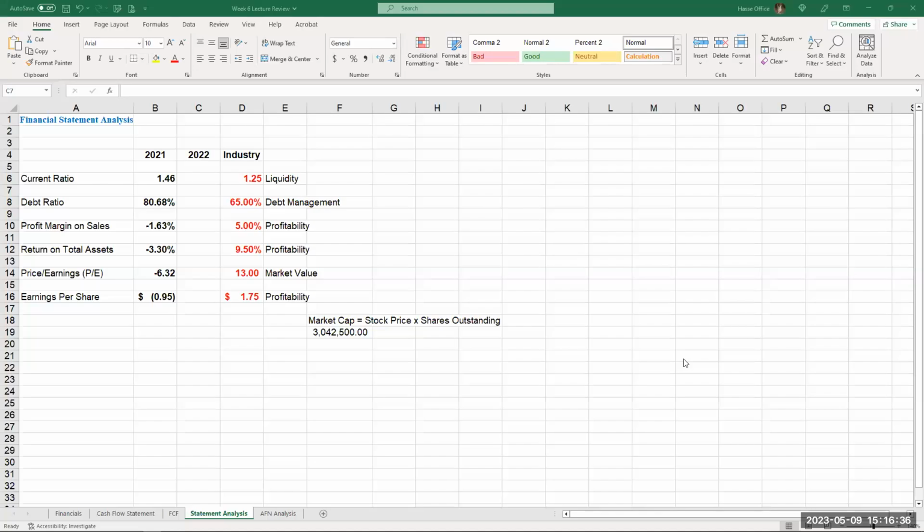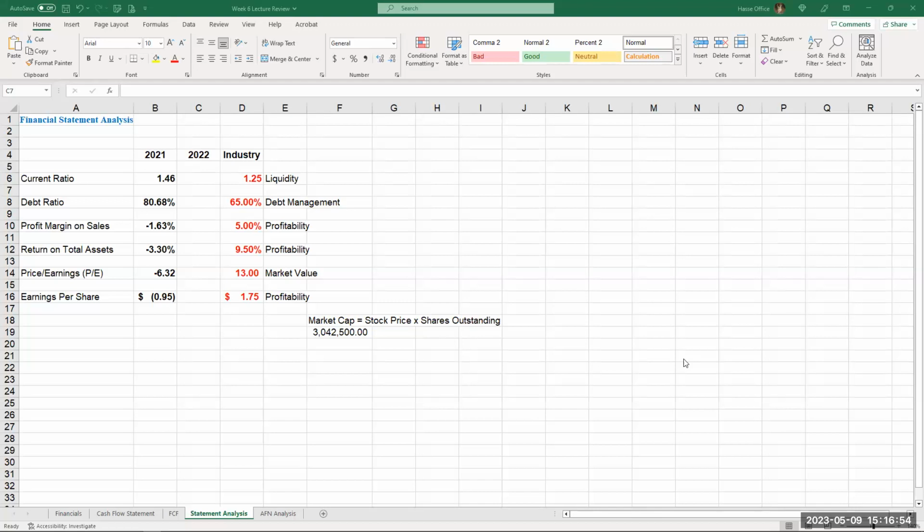So going back to our spreadsheet tab, we've done the review of the financial statements, determined what the statement of cash flow is, what's free cash flow. And now we're going to look at trends, and it's called financial statement analysis from that page I just showed you.